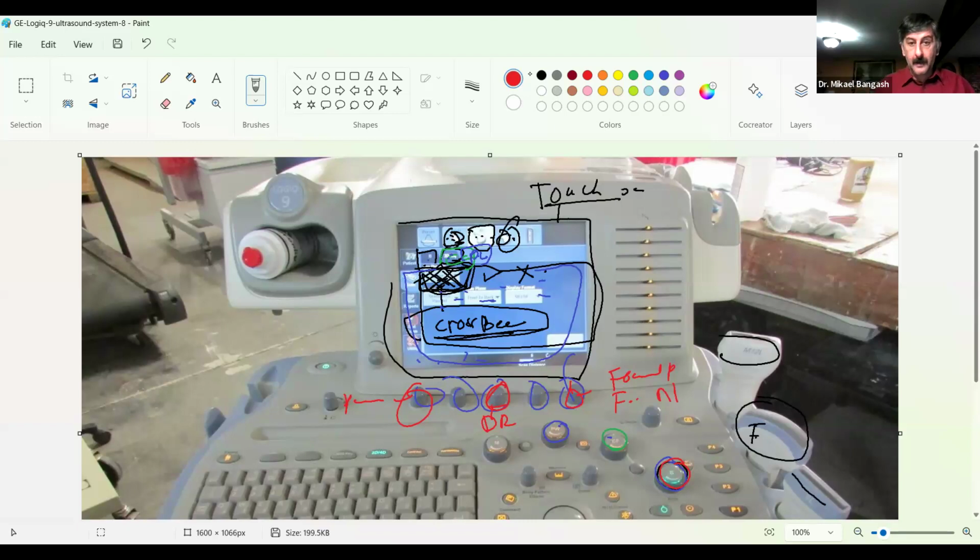But my dear, when you turn on, let's say, color flow, then this button here is not going to have focal point and focal positions anymore. It's going to have two different other functions. Clear? But that will only appear once you turn the screen on, because B mode is always going to be on.